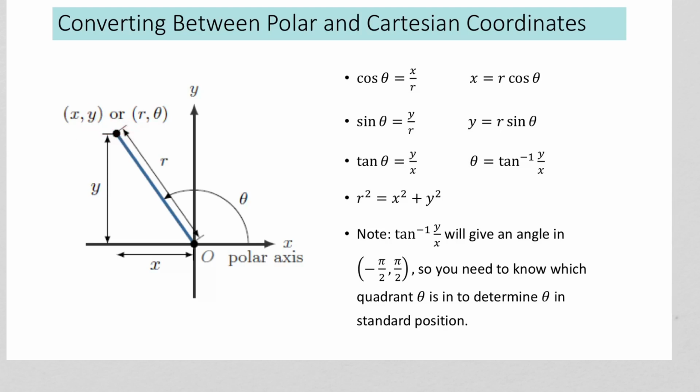So both of these coordinate systems describe this point here. So we're going to learn how to turn this into this or this into this, because after all, they describe the same point, just in a different way.